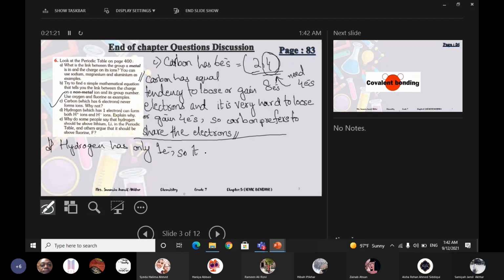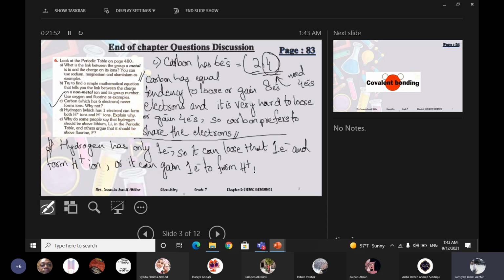So it can lose that 1 electron and form an H positive ion, or it can gain 1 electron to form an H negative ion.